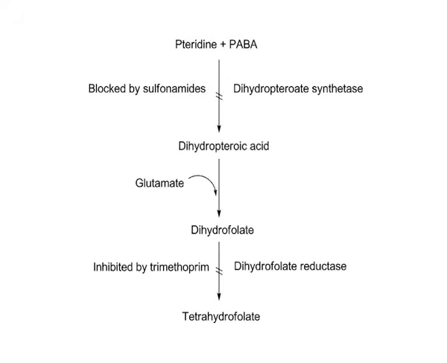This is shown in the figure. This means that sulfonamides bind in the same manner as PABA. They compete with PABA for the enzyme dihydropteroate synthetase, and as a result, the growth of bacteria is inhibited because of inhibition of formation of dihydrofolate, tetrahydrofolate and subsequently bacterial DNA.